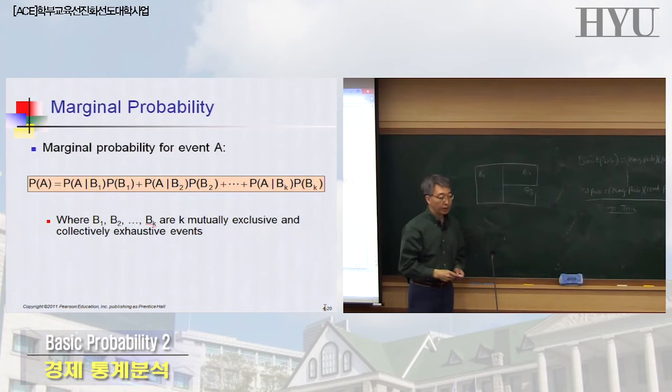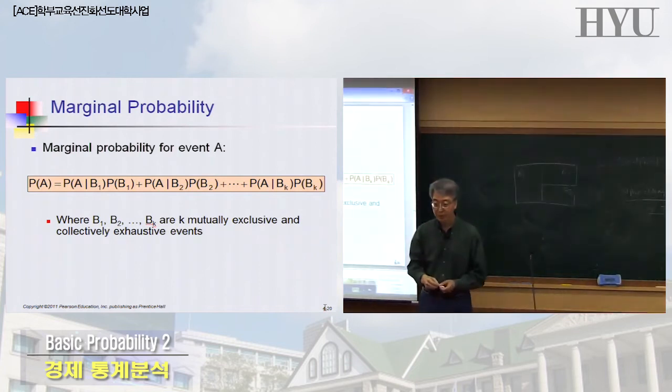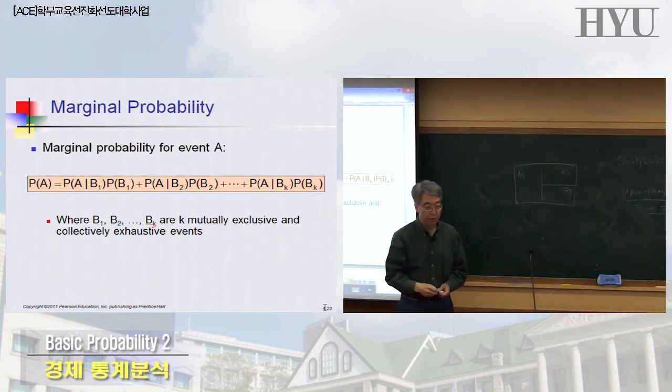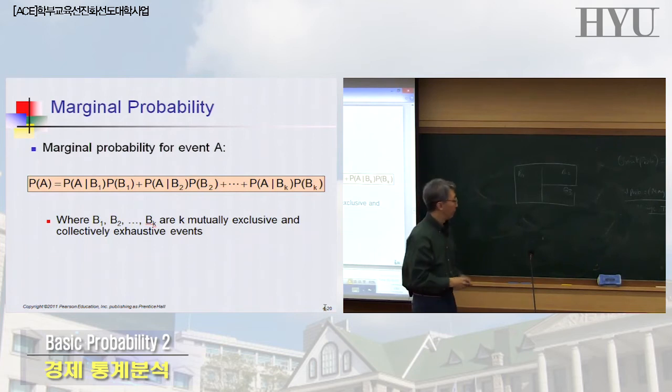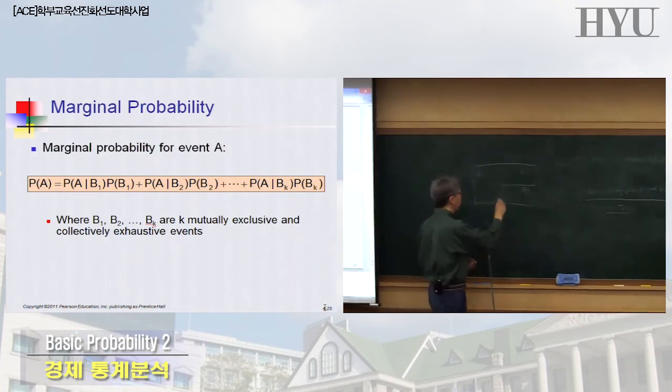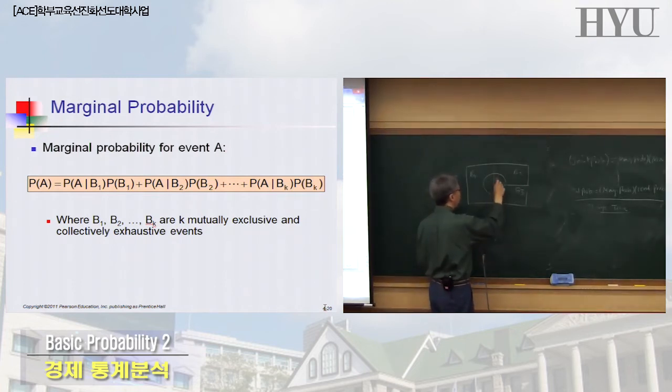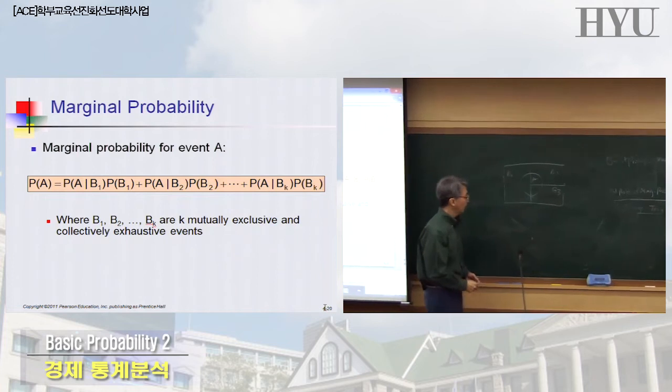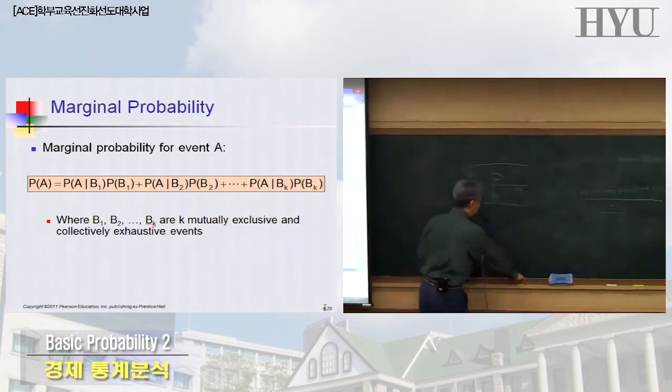There is no uncovered space. There is no other possibility other than B1, B2, B3. And then we're talking about another event here, A.